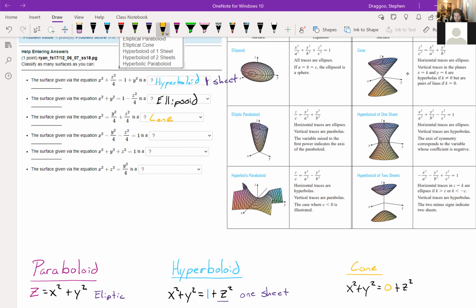Compare that to the next one down, x squared minus y squared minus z squared equals 1. Any which way we look at it, that thing should come out to be a hyperboloid of 2 sheets.